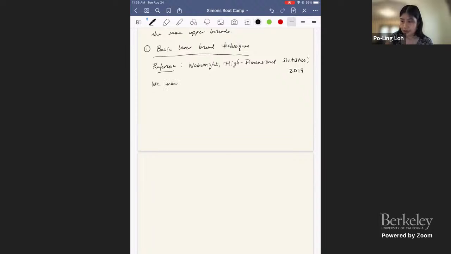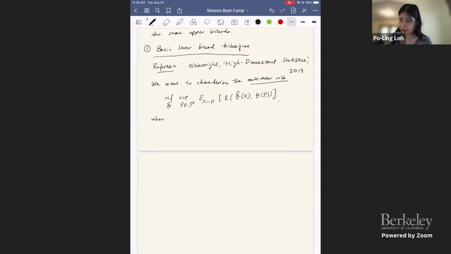So we want to characterize the minimax risk, which is defined by the infimum over estimators theta-hat, supremum over distributions P in some set script P, of the expectation, where the data comes from P, of some loss function applied to an estimator, which is applied to the data, and some parameter of the unknown distribution.